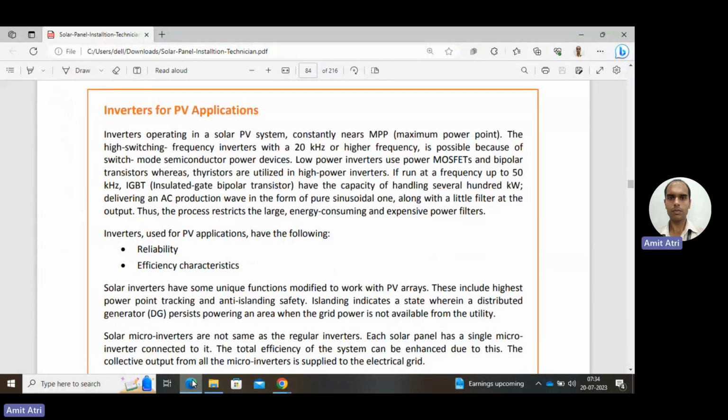The high switching frequency inverter with 20 kilohertz or higher frequency is possible because of switch mode semiconductor power devices.